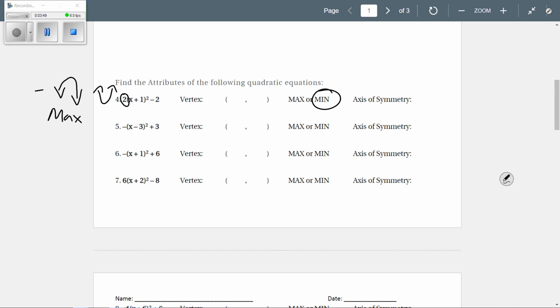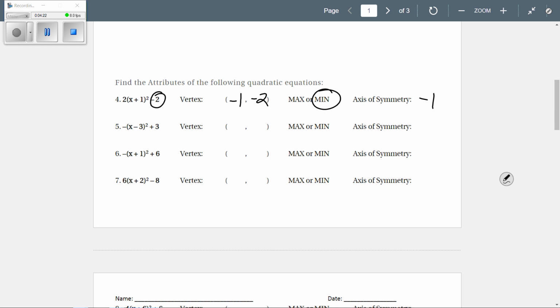So for number one, we see it's positive, so it's a minimum graph. And the vertex, again, all we look at is this number and this number. The number inside the parentheses is our first number. It goes here, but we flip the sign. So we see it's x plus 1. So when we write it here, it's -1. Remember, inside parentheses tells a lie. And then secondly, our second number that's outside tells the truth, -1, -2. The axis of symmetry is -1.